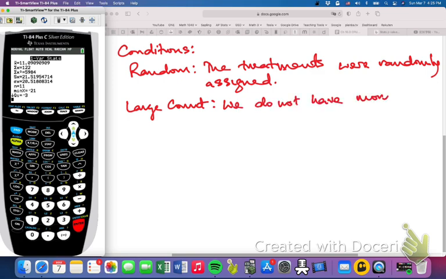So unfortunately, we do not have more than 30 subjects. We only have 11. Now, when that happens, we really need to check whether there are any outliers or strong skewness, because we need more data, but we only have 11.